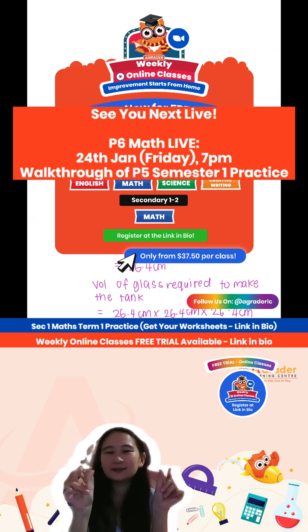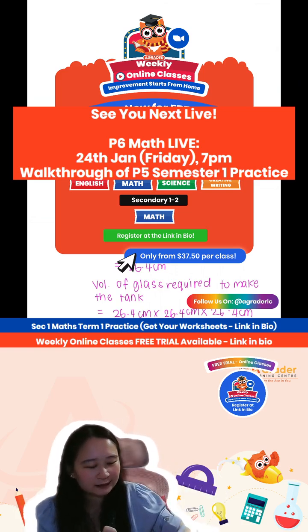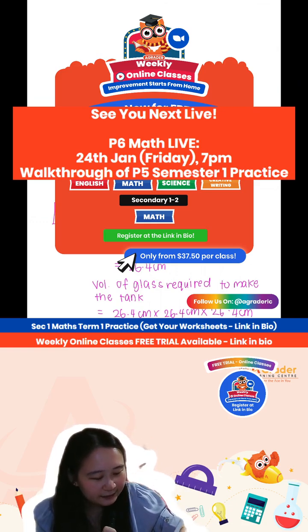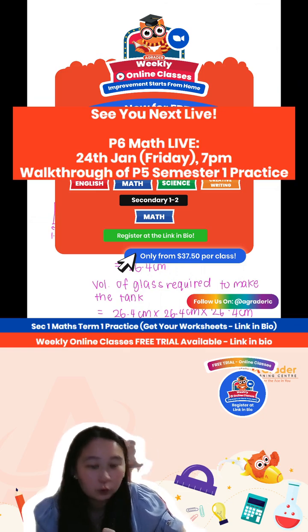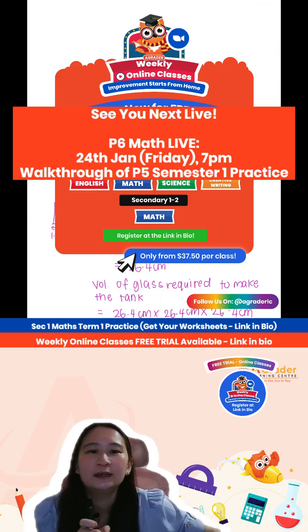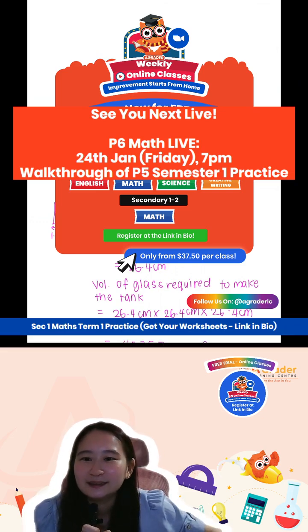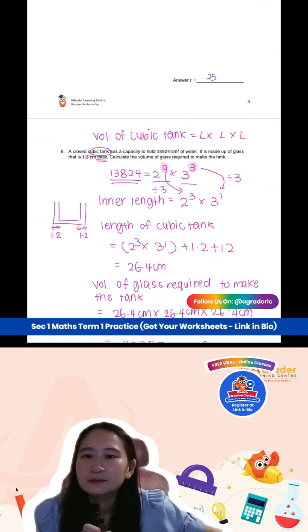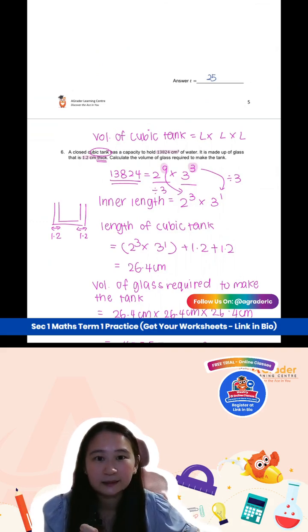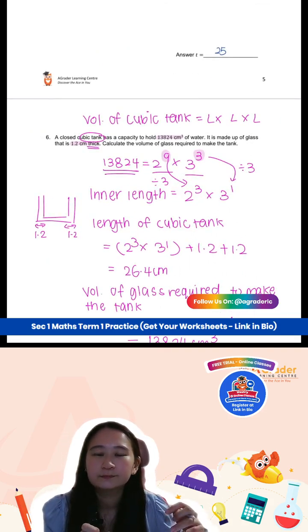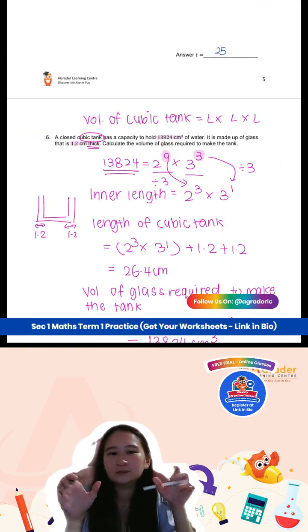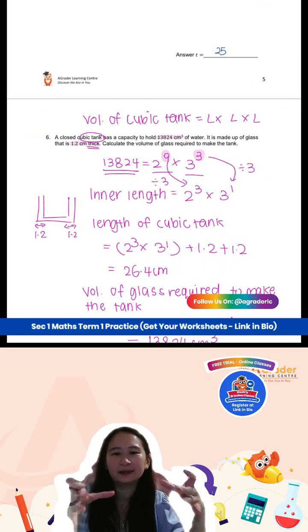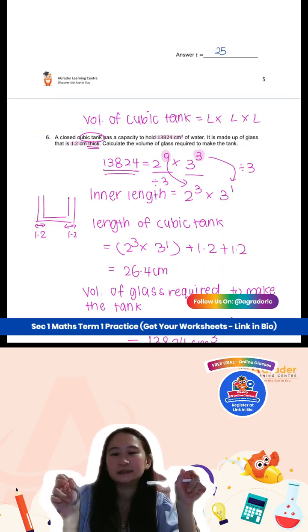Because 2 sides, right? Try to imagine how the tank looks like. This is the inner space. So there are 2 sides to this 1.2. So you have to add 2 times. Can see the diagram? No, because when you view the whole tank itself, there's 2 sides to the thickness.